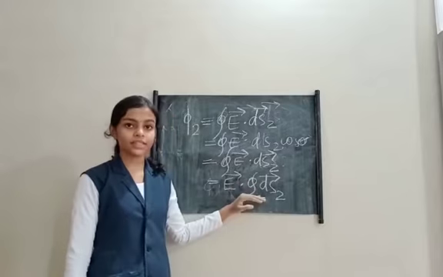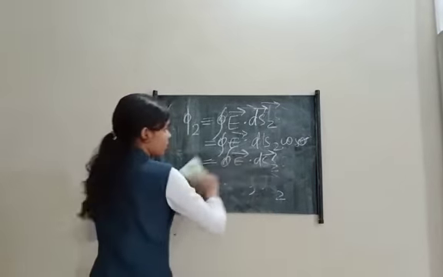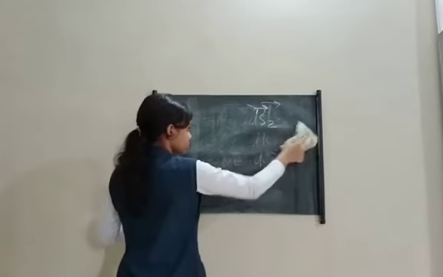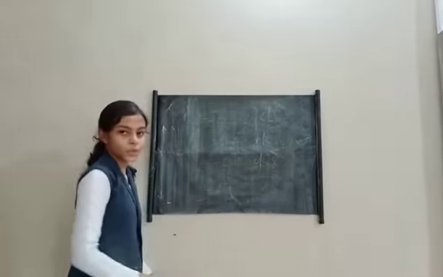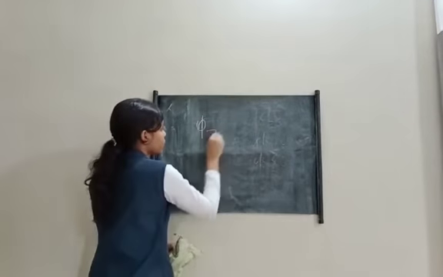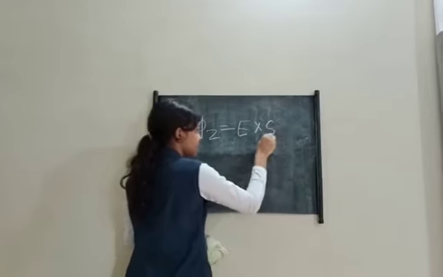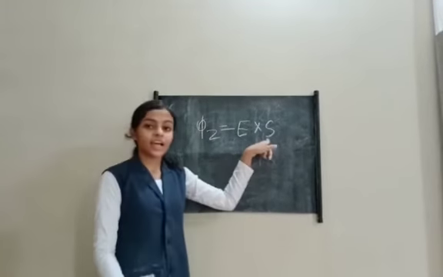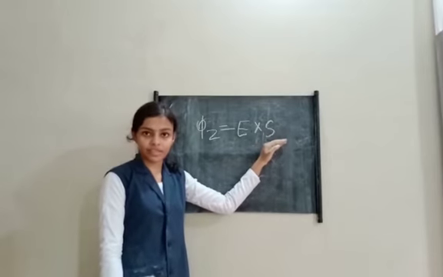So we can write this equation in another manner. Here phi2 can be written as E into S. Here S represents the area of the curved surface.